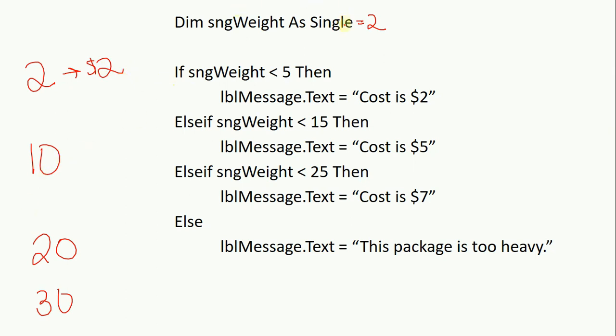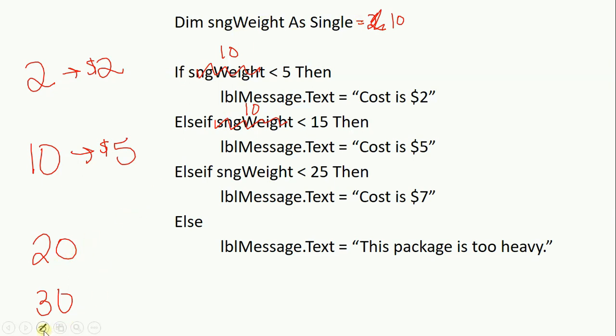What about 10? If I scribble this out and put a 10 here, it's going to say if sngWeight, which is 10, is less than 5, well, 10 is not less than 5, right? So we got to go to the else if. It's going to go right here. 10 is less than 15. That's true, right? So for 10, it's going to say $5 for my shipping cost. 20.